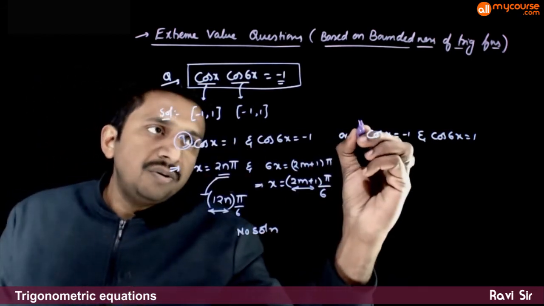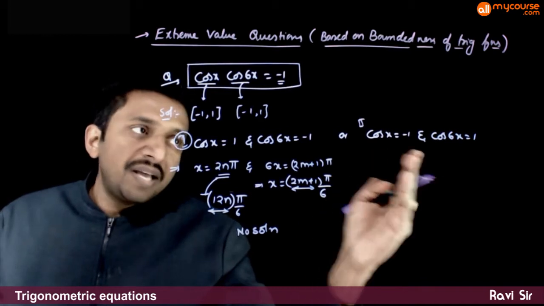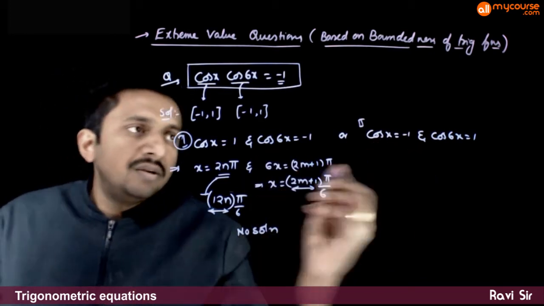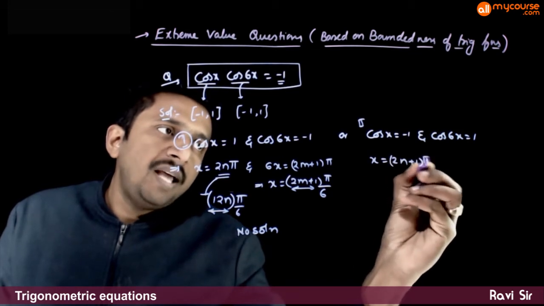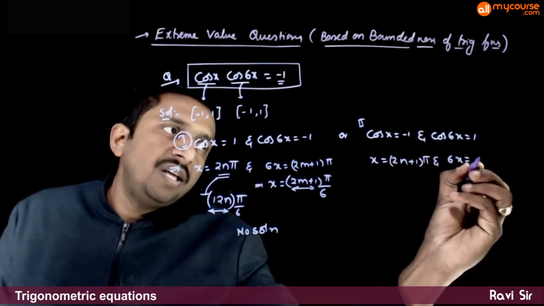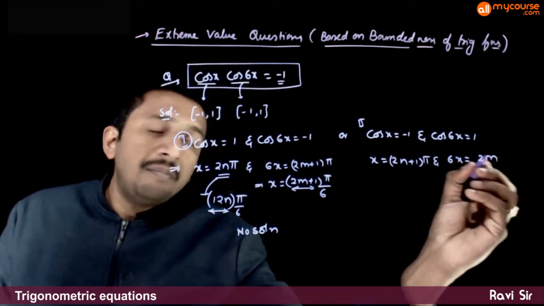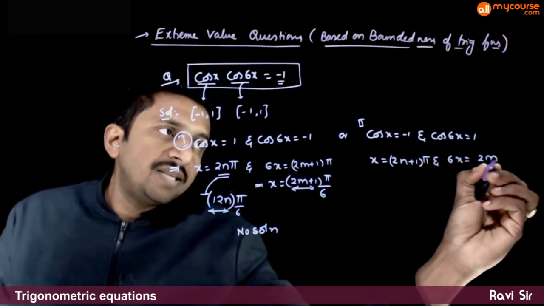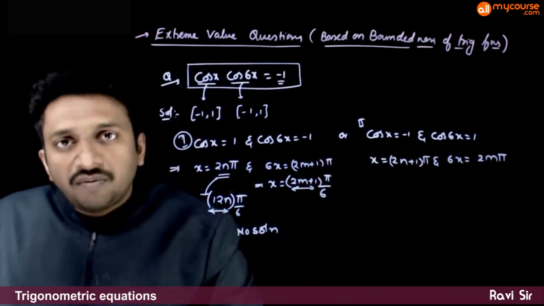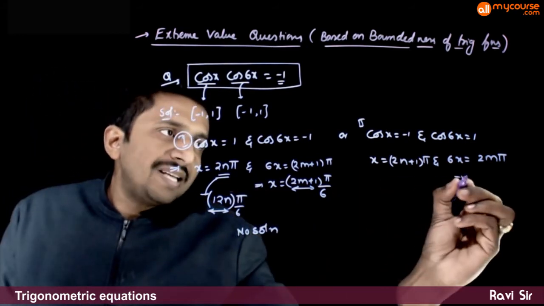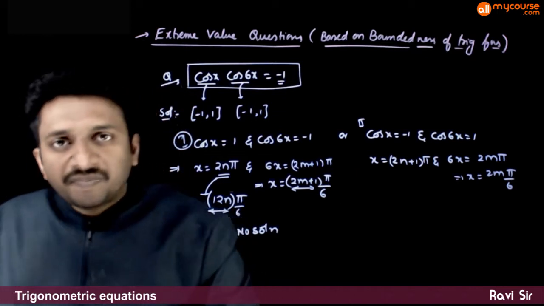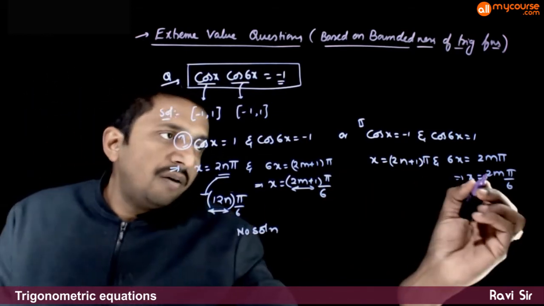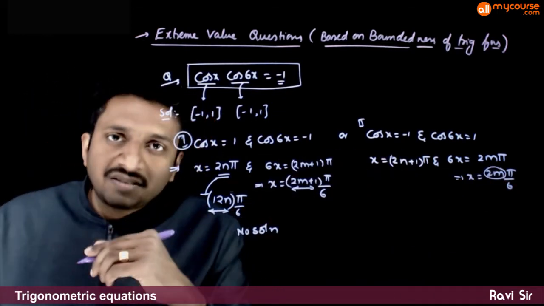Let us go to case 2, where cos x is equal to minus 1 and cos 6x is equal to 1. So x has to be equal to an odd multiple of pi and 6x has to be an even multiple of pi. 6x has to be equal to 2m pi. So this implies x has to be equal to 2m times pi by 6. That is an even multiple of pi by 6.